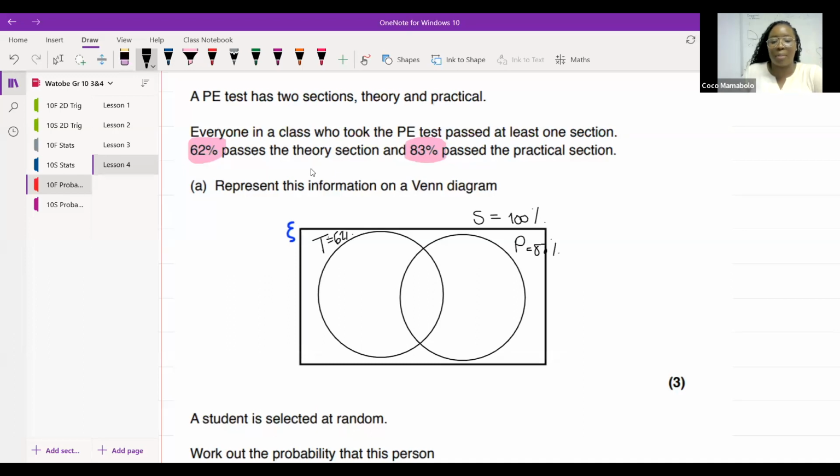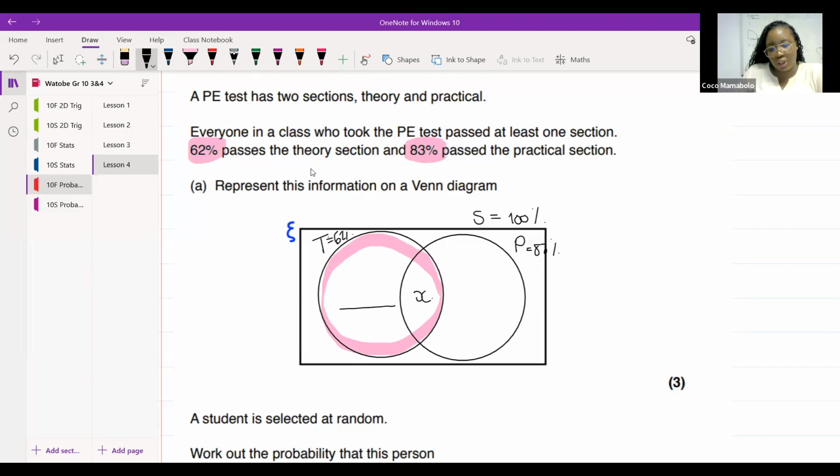Now, here's the problem. How many passed both of them? We're not given that. So what are we going to name it? Because we don't know what it is, we're going to name it X. Correct. Because we know that this whole circle has to equal 62, what does this tell me about the theory part only?